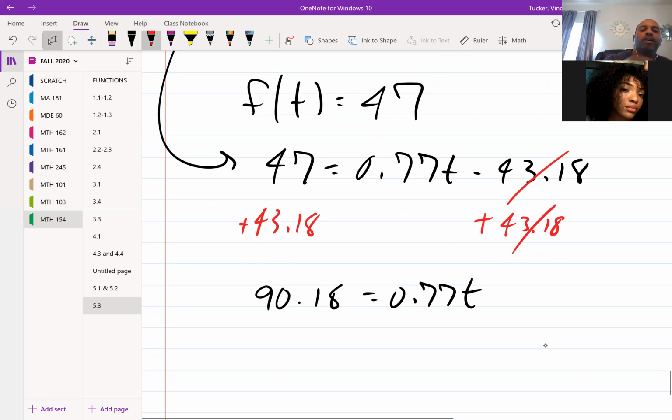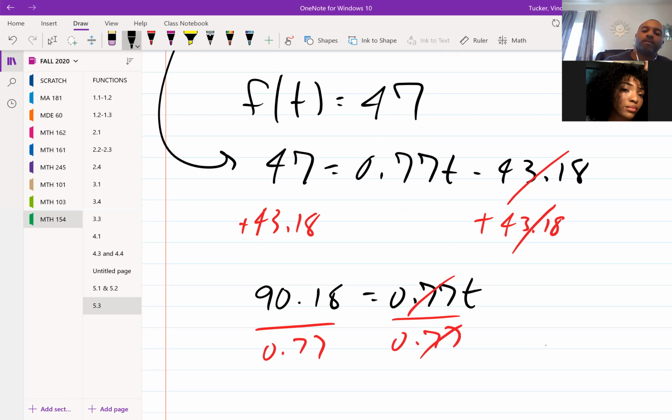All right, and divide by 0.77. t is equal to 117.1169. Then in MyMathLab, it says round to 2 decimal places, so 117.12. And that would be that answer.